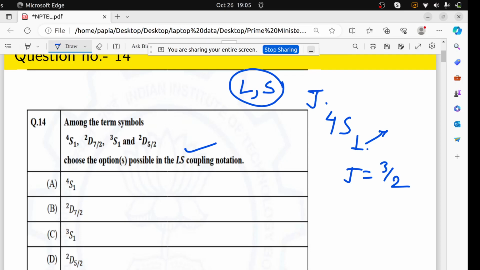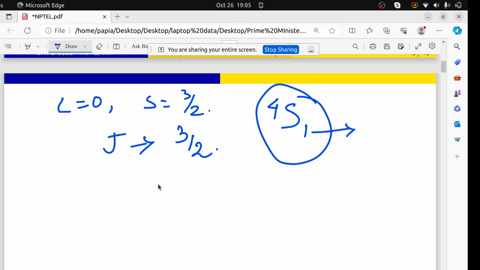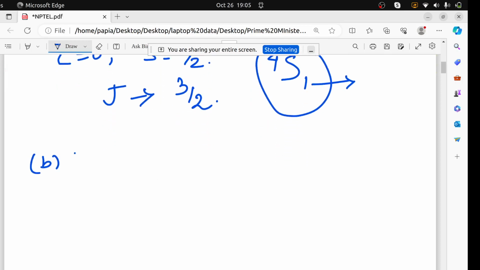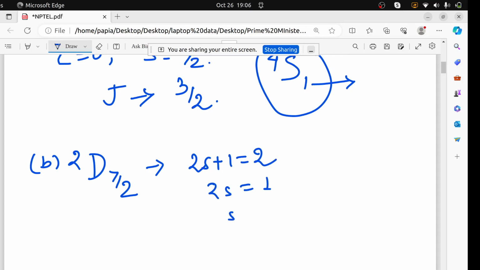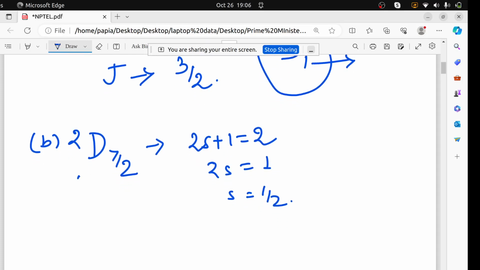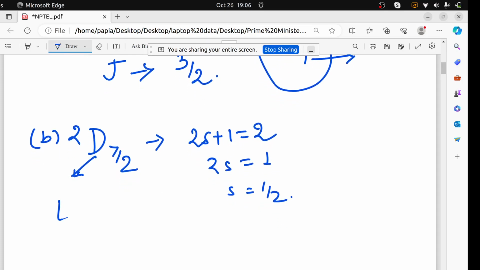Now coming to the second one, 2D 7/2. Similarly, 2S plus 1 is 2, so 2S will be 1 and S will be 1/2. Now D gives L equal to 2, because S, P, D, F are 0, 1, 2, 3.